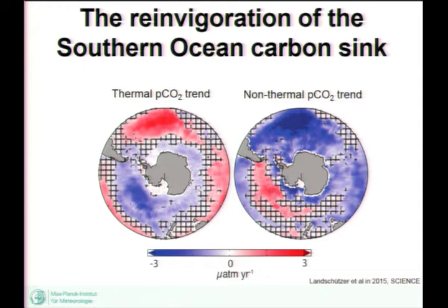We actually see substantial differences between the individual basins. So we see in the Pacific still quite a strong increase in the non-thermal pCO2, actually suggesting that the upwelling hasn't stopped. So there's still quite a lot of DIC being upwelled, leading to an outgassing of this non-thermal component. But on the other hand, we also see that we have a cooling, and that would actually suggest more uptake.